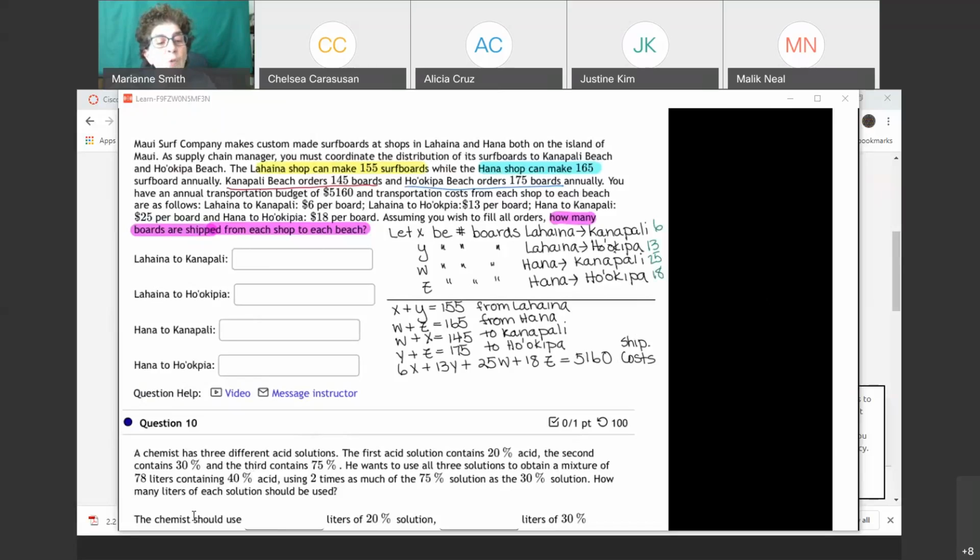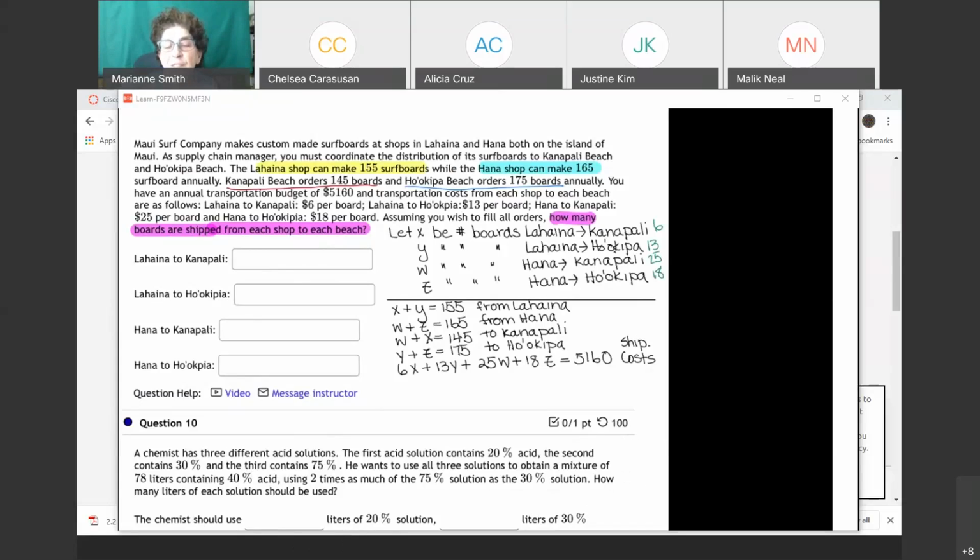Is everybody okay with the equations? Everybody okay with the equations? Okay. The rest of it is to just set up a matrix and keep track of your variables.